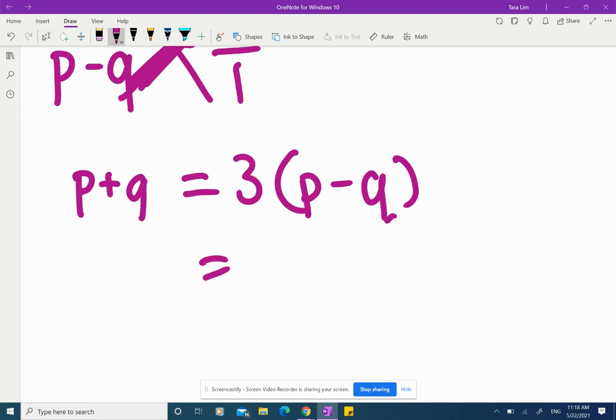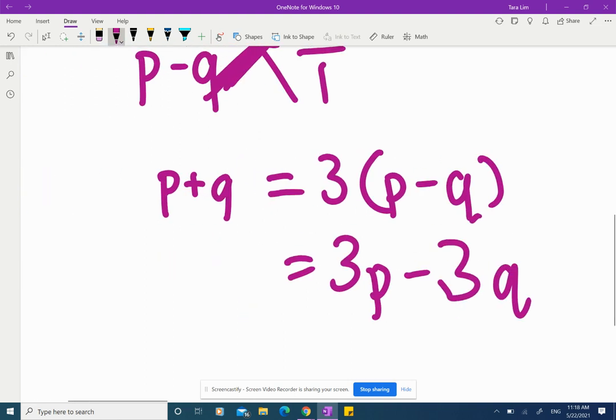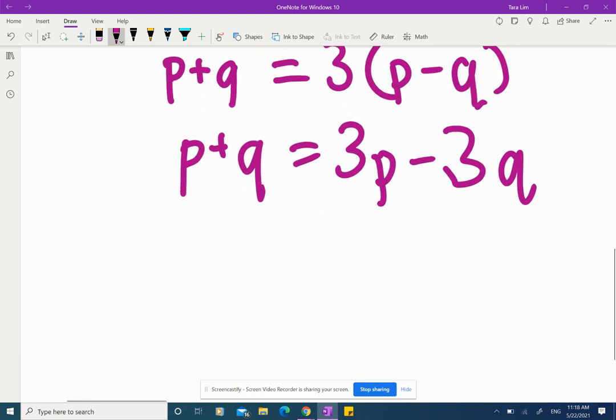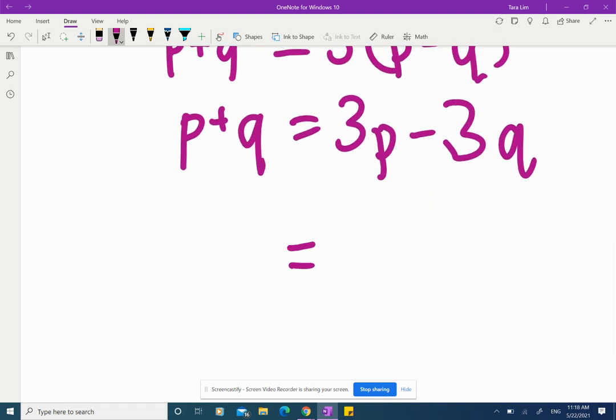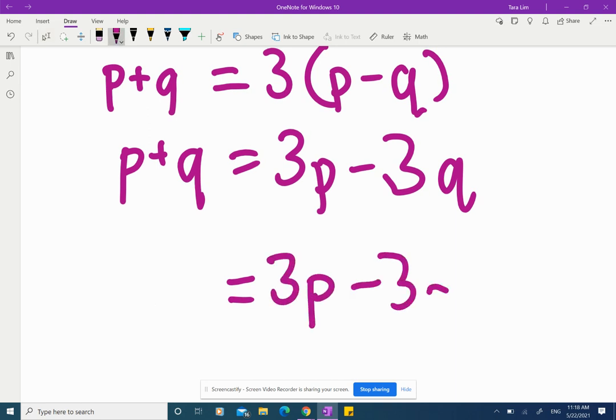So first of all, let's expand this. 3p minus 3q is equal to p plus q. So now we have done expanding it. Now we want to move everything to the other side so it's more clear. So 3p minus 3q.